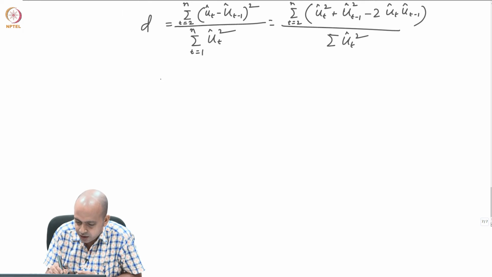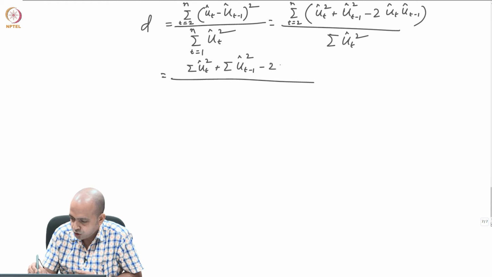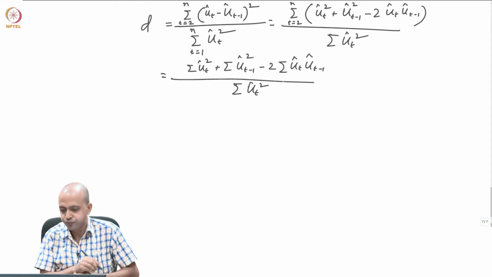This again I can write, if I take the summation outside, as sum of ut hat square plus sum of ut minus 1 hat square minus 2 into sum of ut hat ut minus 1 hat, divided by sum of ut hat square.